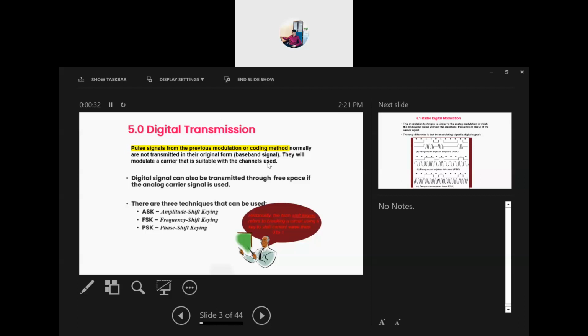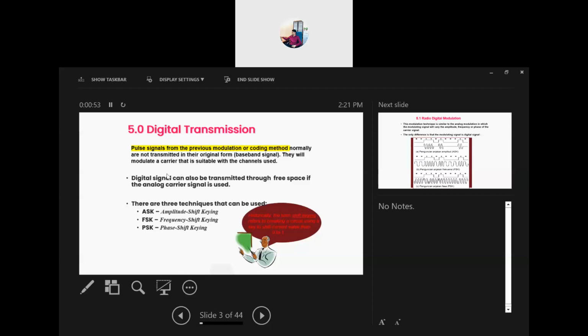So if the channel is fiber optics, we will use a carrier that is suitable for fiber optic transmission. If it's wireless, it's suitable for wireless lah. For example, 2.45 Wi-Fi, right? 2.45 is the frequency lah.